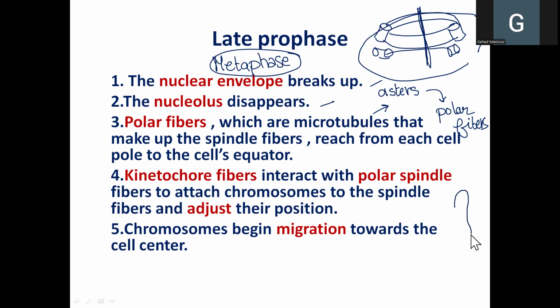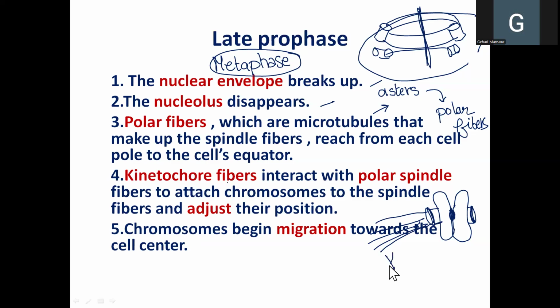When we review the structure of the chromosome, we have here the centromere of the duplicated chromosome, but we have here the outer kinetochore and the inner kinetochore on both sides. So the polar fibers that join the kinetochore are called the kinetochore spindle fibers.